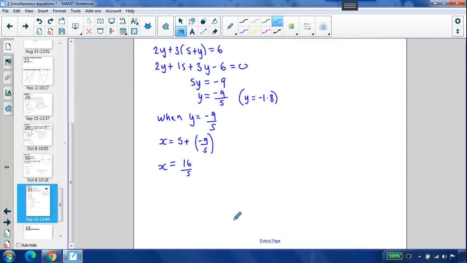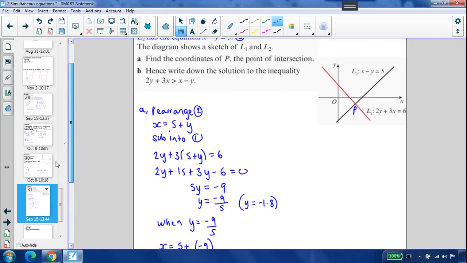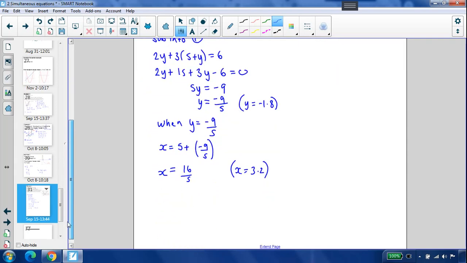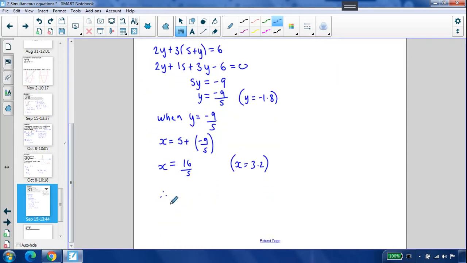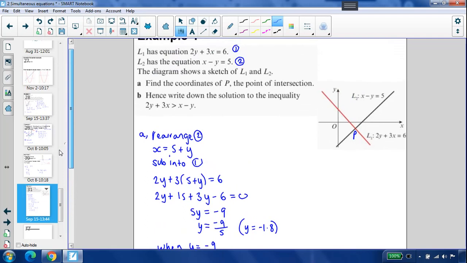So again, you can leave it in fraction form, or if you like, x is equal to 3.2. So I have the coordinates of P. Let's just write it out. So therefore P is equal to 16 over 5, minus 9 over 5. I'm keeping it as fractions.